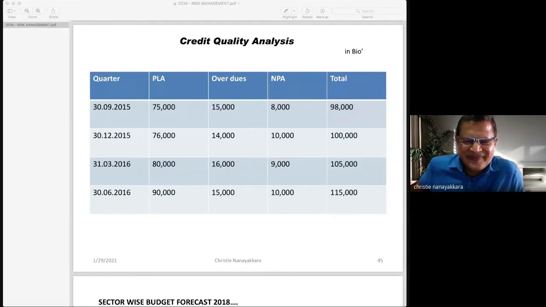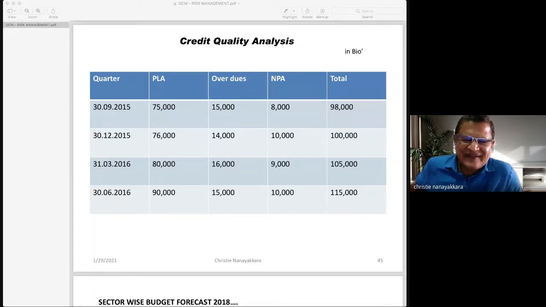So when you calculate the percentage, there is a drop in NPA on March 31st of 2016. Again in June, it has gone up to 10, but you have increased your loan portfolio to 150. So NPA is calculated as NPA divided by total loans.